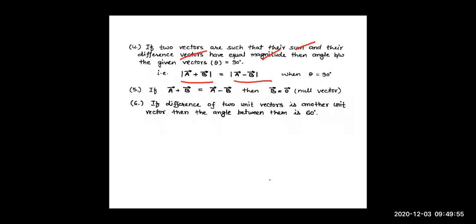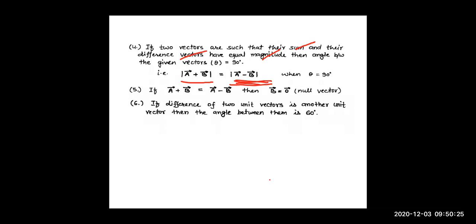Now we know the formula for r when you add two vectors: it is the square root of a square plus b square plus 2ab cos theta. And for subtraction, it is a square plus b square minus 2ab cos theta.